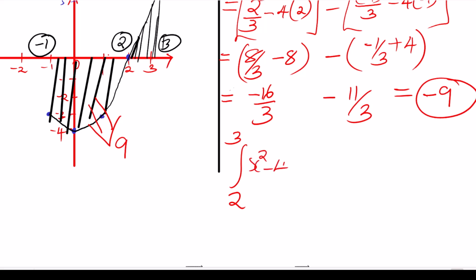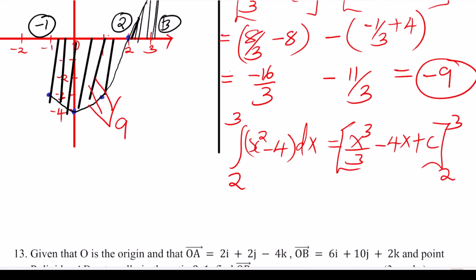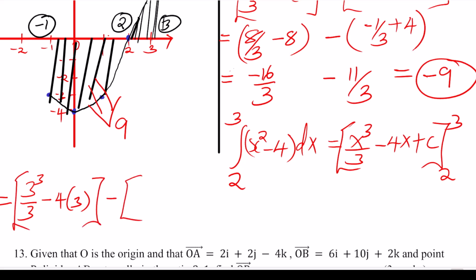So x squared minus 4 with respect to x. This one will be x cubed divided by 3, subtract 4x plus c, from 2 to 3. So start by substituting 3. This will be 3 cubed divided by 3, subtract 4 times 3. Then subtract, substitute 2.